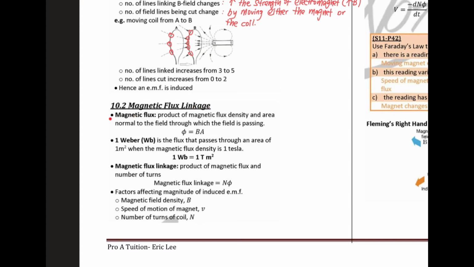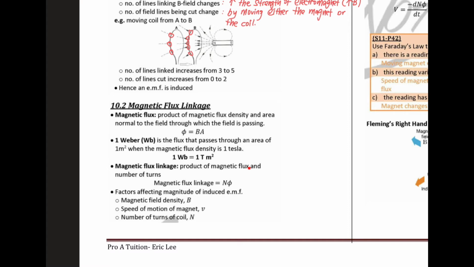What is that? So we look at the third point first. Magnetic flux linkage: product of magnetic flux and number of turns. Number of turns, you should be able to imagine how many turns of the coil. That is the number of turns. Magnetic flux is what?